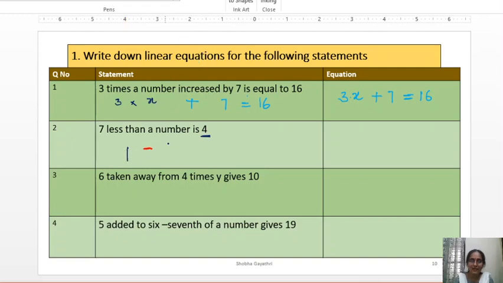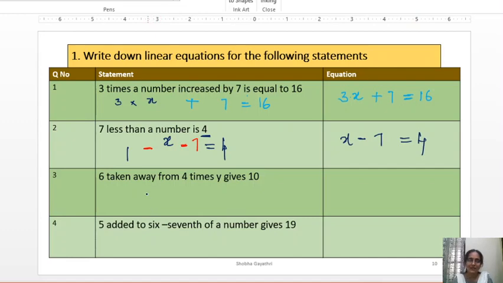Let the number be x. 7 less than means you have to subtract 7. Is equals to 4. You got the equation as x minus 7 equals 4.